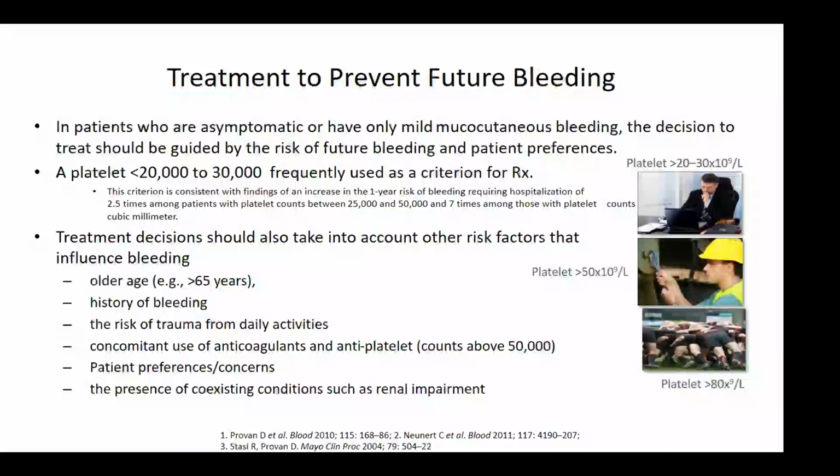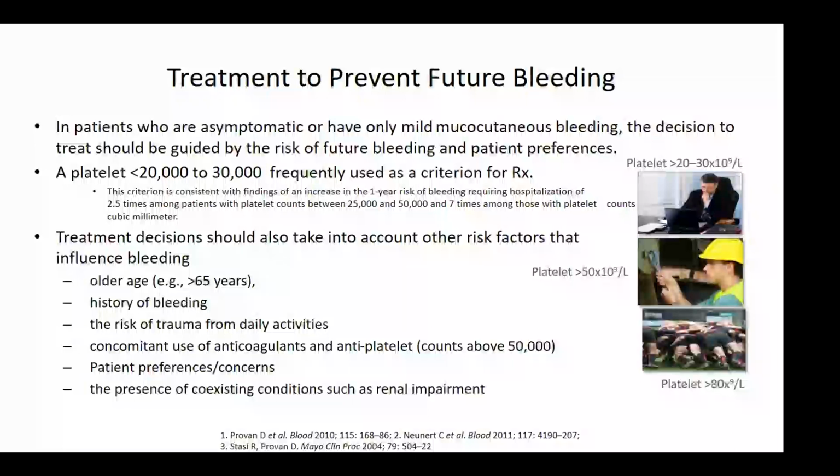Another issue you should keep in mind before starting treatment is age. If we have a patient more than 65 years old, we should aim for a higher threshold, a higher number of platelets. Also consider history of bleeding and the risk of trauma from daily activities. Daily activities are very important. If the patient works in an office, we need a platelet count of 20 to 30.